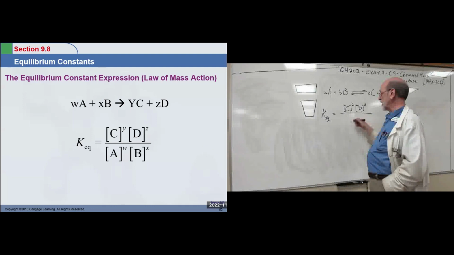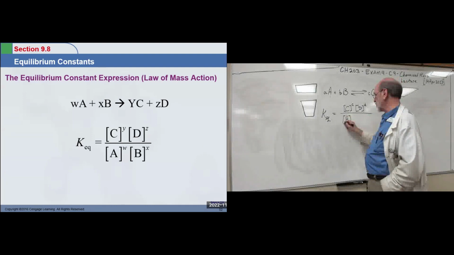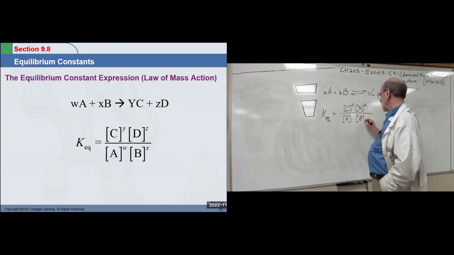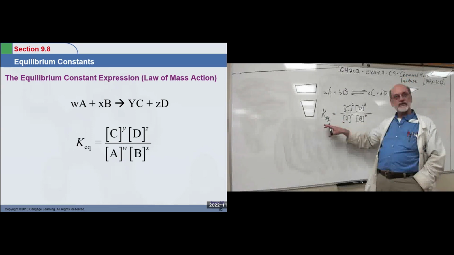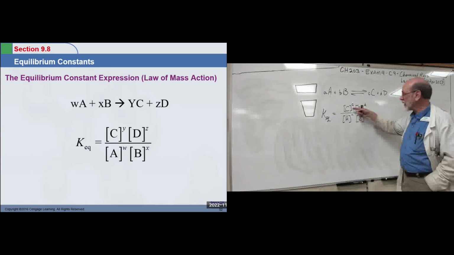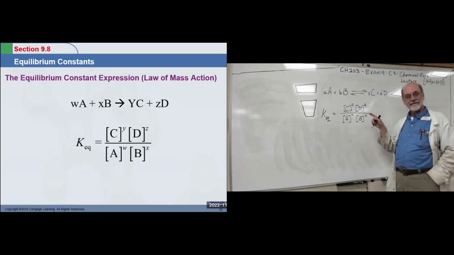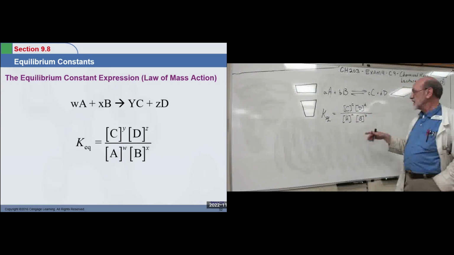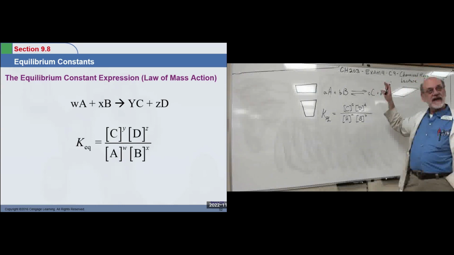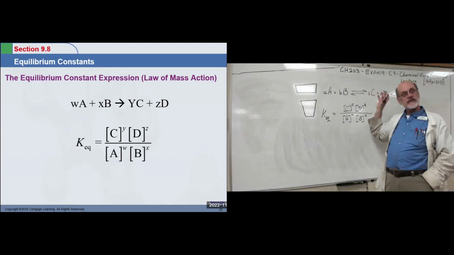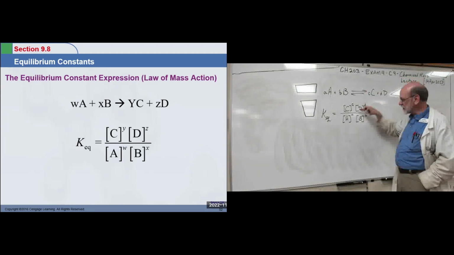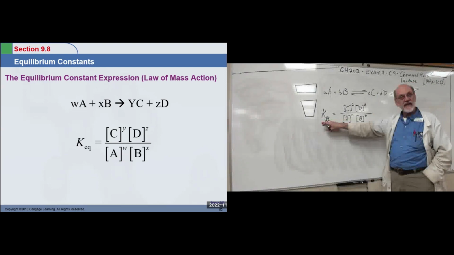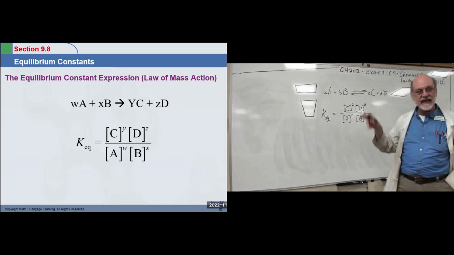And then in the denominator, we put the concentration of the reactants to their coefficient powers. And that's an equilibrium constant. At any given temperature, this value will be constant no matter what these are. If the position shifts, if we add one of these ingredients and make it shift, then the concentrations will change at equilibrium. But when you stick them in this formula, they'll still be equal to that K. That K is a constant.